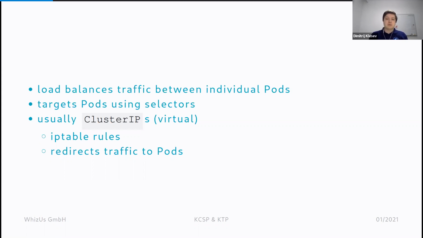We will get to types later in the next slides. And a service is, as I said before, a virtual object or virtual construct. So it's used within iptables rules, and it leads to traffic redirection.